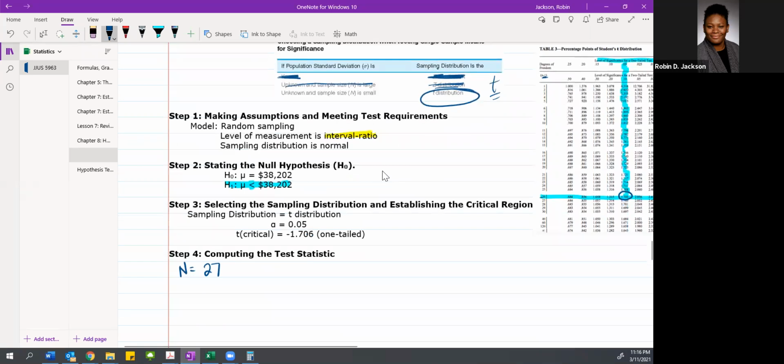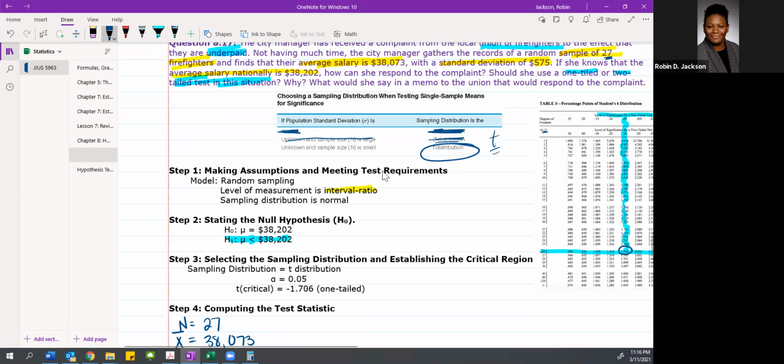So for my sample we use the X bar symbol, it's $38,073. My population mean, or that average salary for the nation, is, if I remember correctly, $38,202. But let me go and check.